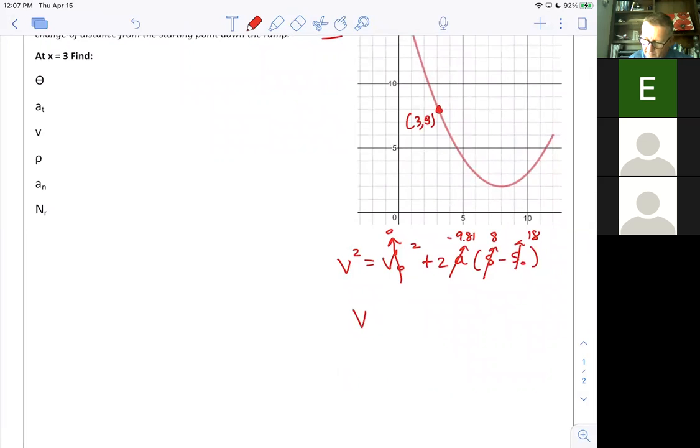Let's see, what is that equal to? The velocity squared is approximately 200. And then I would square root it. I think I'm just going to calc this really quick. 2 times 9.8.